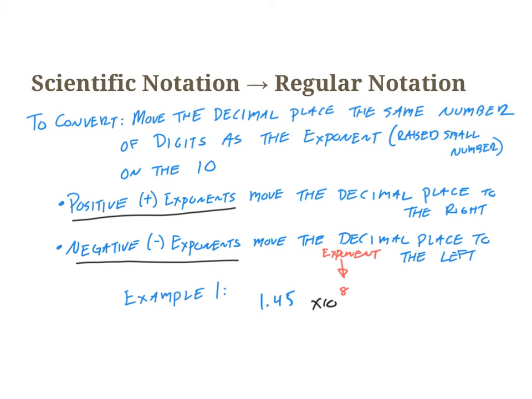I'm going to take my 1.45 and move the decimal 8 spots to the right: 1, 2, 3, 4, 5, 6, 7, 8. Then I'm going to fill that in with some zeros, and clean it up so it looks cleaner: 145,000,000. It is the same value, just written a different way.